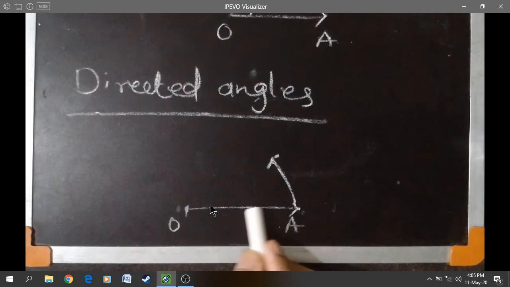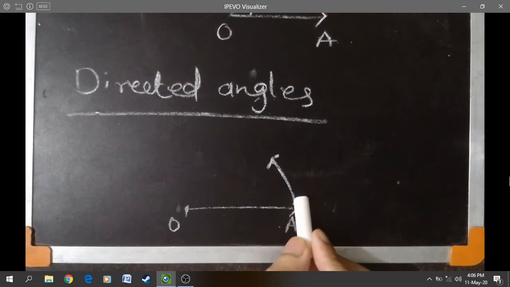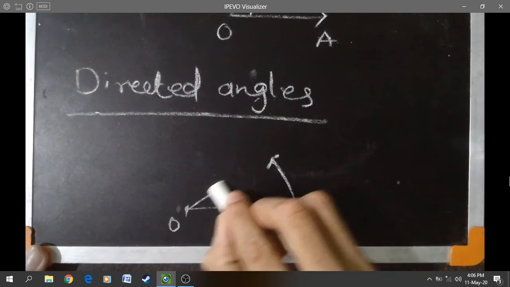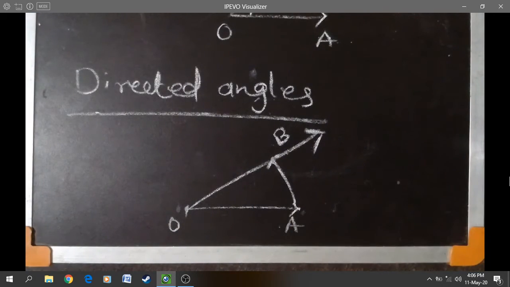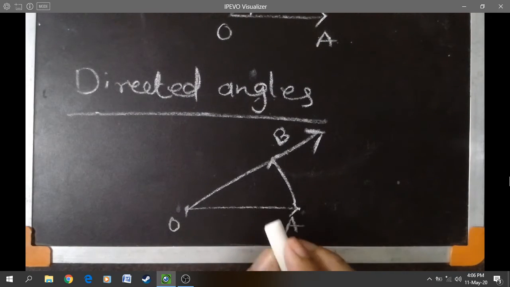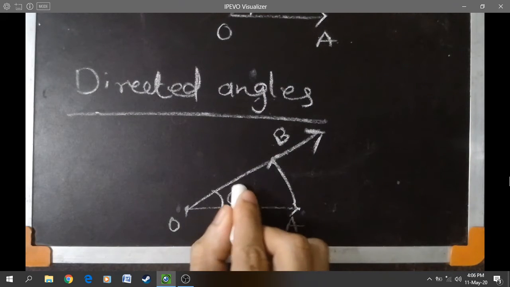I will rotate this ray OA to the new position OB, right? Then the angle obtained is called a directed angle.